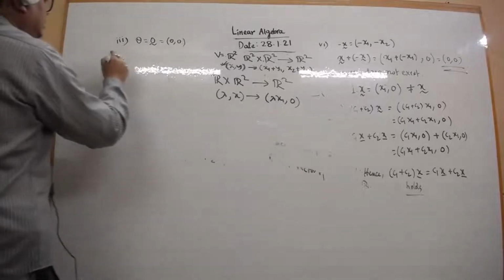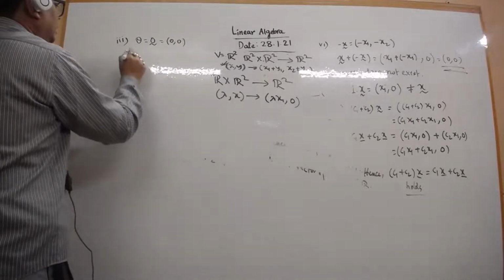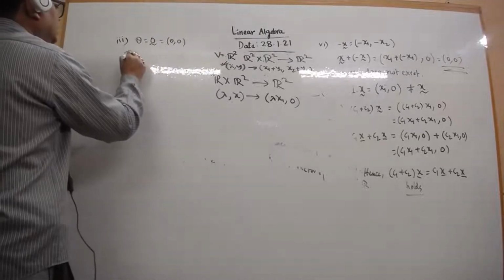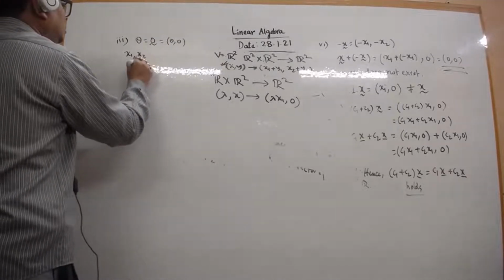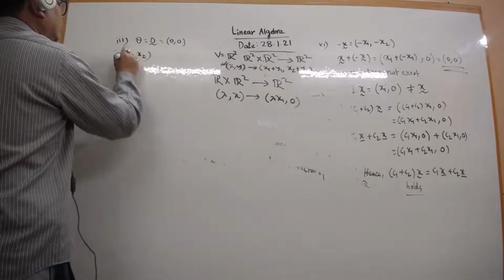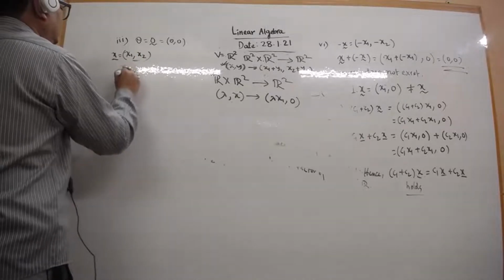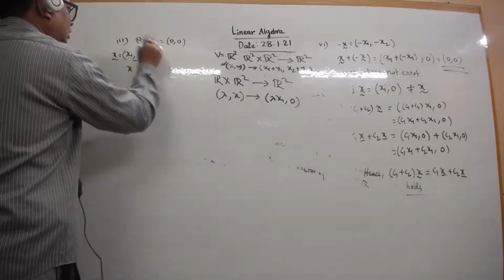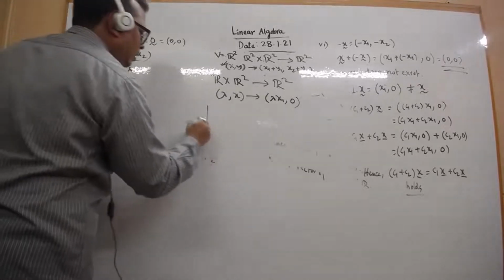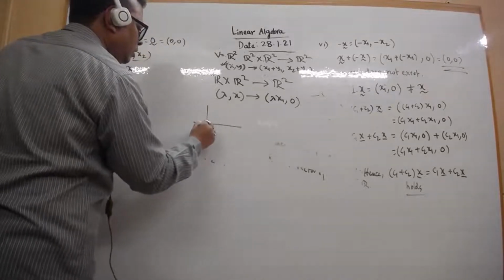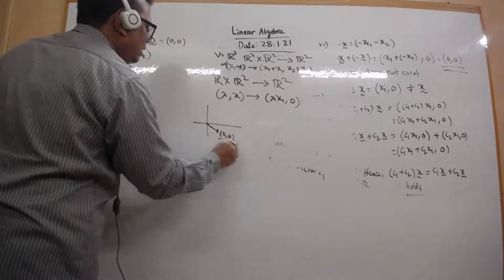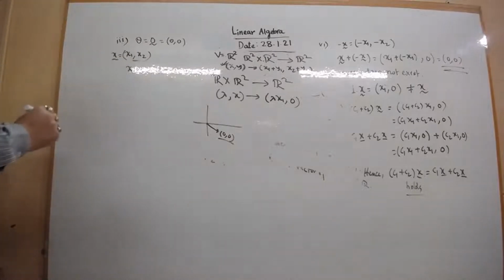Then any vector, any element in V, x1, x2, I denote this x curl. Now take θ equal to 0, the null vector in two-dimensional space. I take the origin as the null element.